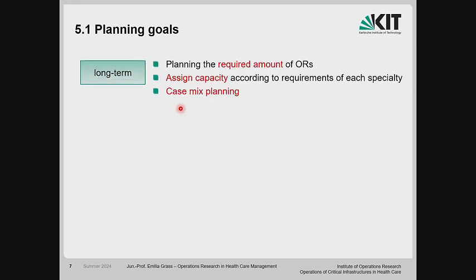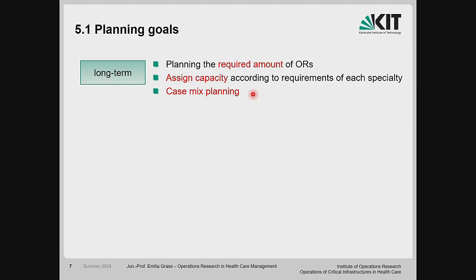Also the goals, not only the planning, depend on the long-term, medium, and short-term perspective. In long-term planning, we have the required number of ORs, and of course we assign the capacity and the staff. From the beginning, we know the case mix planning: how many patients, and what kind, do we want to have in our hospitals.